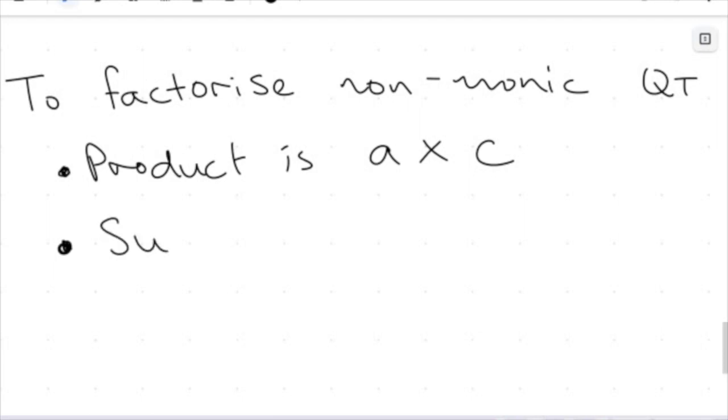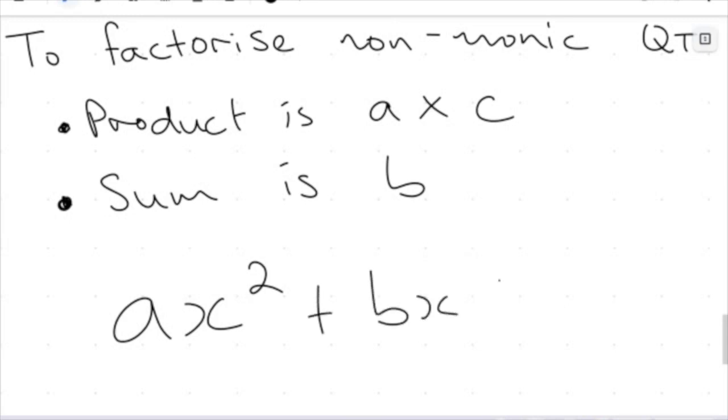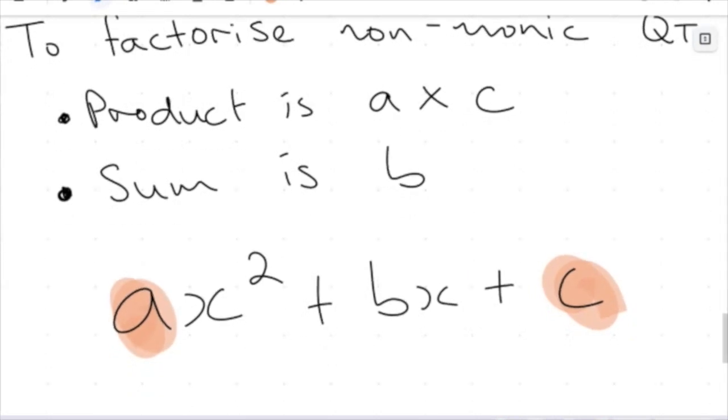And the sum is my coefficient B for all quadratic trinomials, which are in the form ax squared plus bx plus c. So now instead of finding a product that's this number and a sum that's this number, my product is the product of A times C, and my sum is going to be the B.